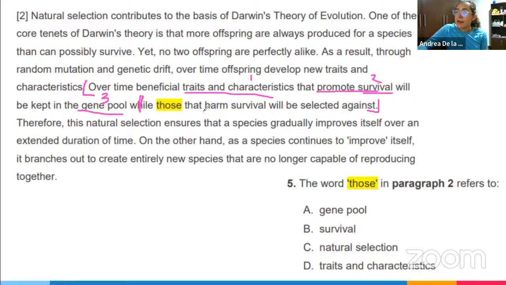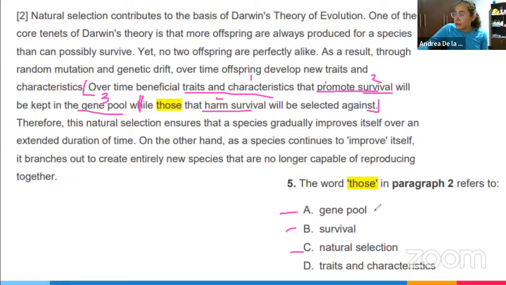And the ones that harm survival, harm is the opposite of promote, are selected against, are eliminated from the gene pool. So if you try to replace these options, beneficial traits and characteristics that promote survival will be kept in the gene pool.